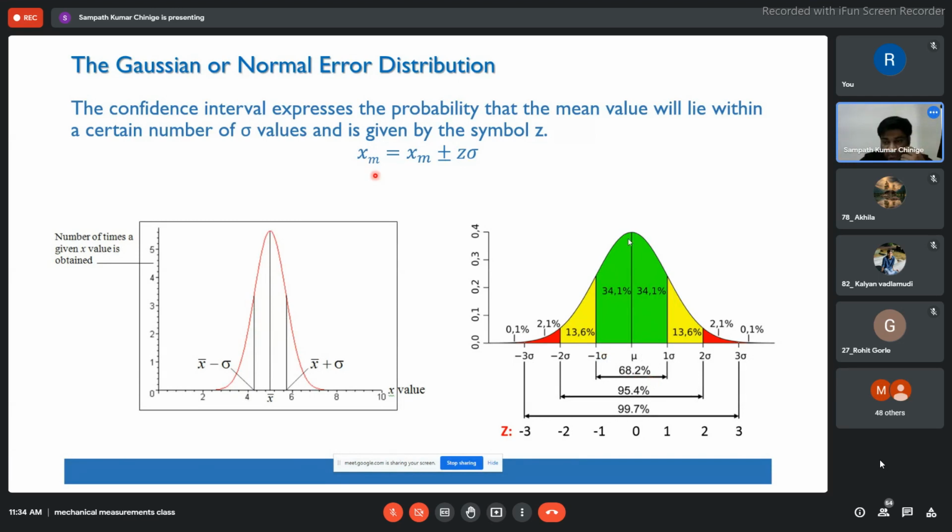So over a mean value, the percentage confidence interval with which we can say that out of all the readings of the lot, 68.2% of readings will fall within this range if it is following a normal or Gaussian curve. That means within plus sigma or minus sigma from the mean, in this total range.